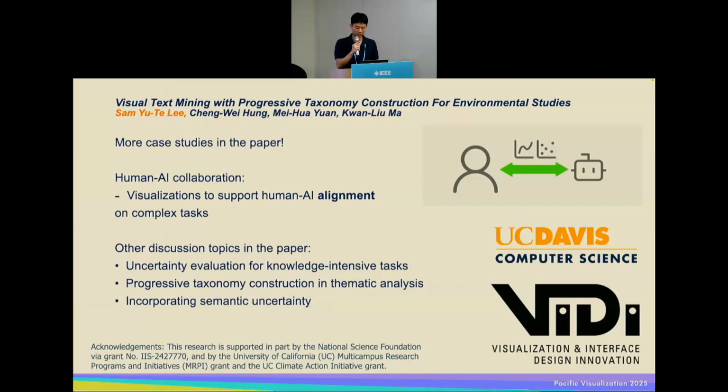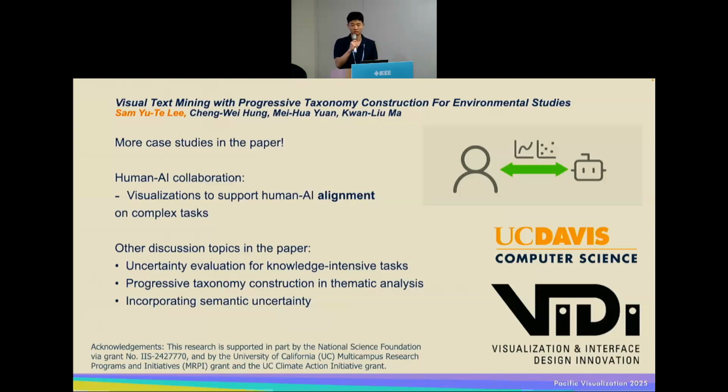And my insight from studying this concept is that when the task you're dealing with is complex enough, the human and the AI really have to collaborate, and they both have to contribute something for this to work. And since the human and the AI speak very different languages, visualizations can actually serve as a common ground to support the communication and make sure that they are on the same page.